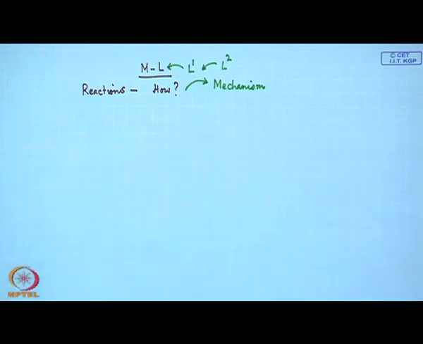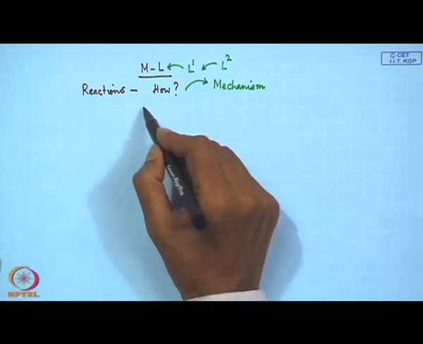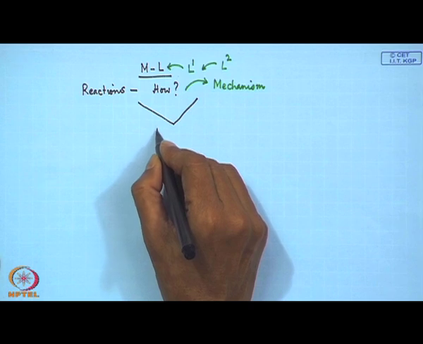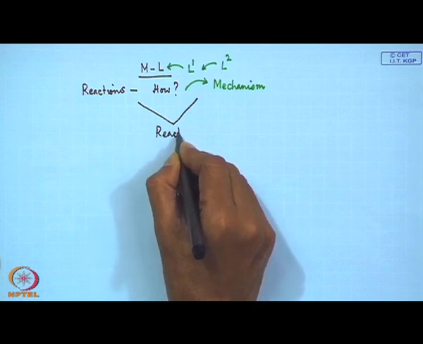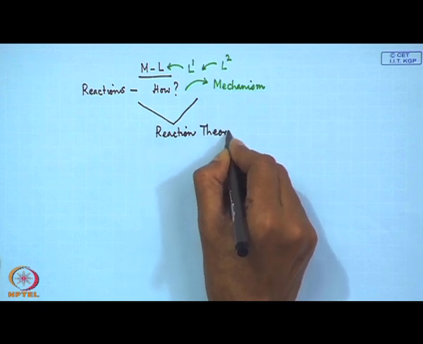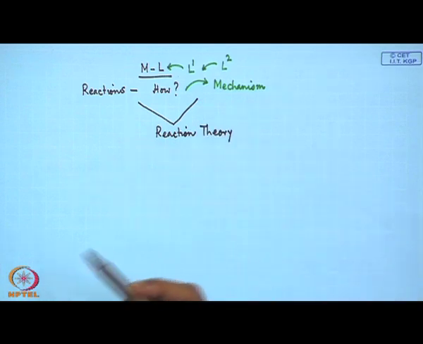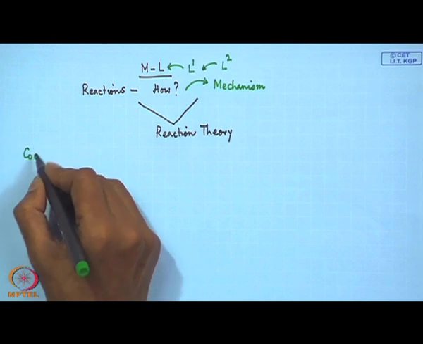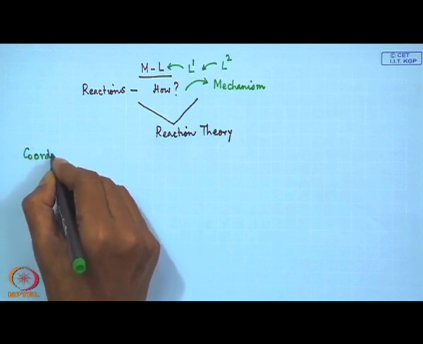Basically, all these things we will consider in this class for studying reactions in terms of reaction theory. So, how theoretically we can explain the reactivity pattern for these different coordination compounds, because these coordination compounds are very important and very interesting also.